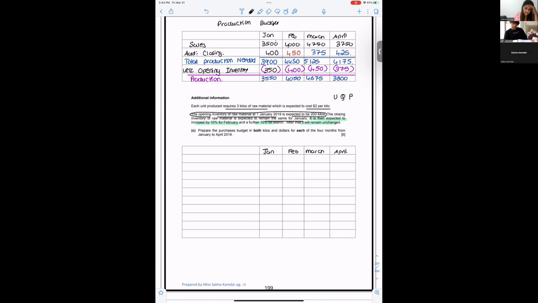Let's see. First, I will start with the units that are required to produce. What am I required to produce for January? 3550, 4050, 4675 and 3800. Now, what is the direct material that I need?